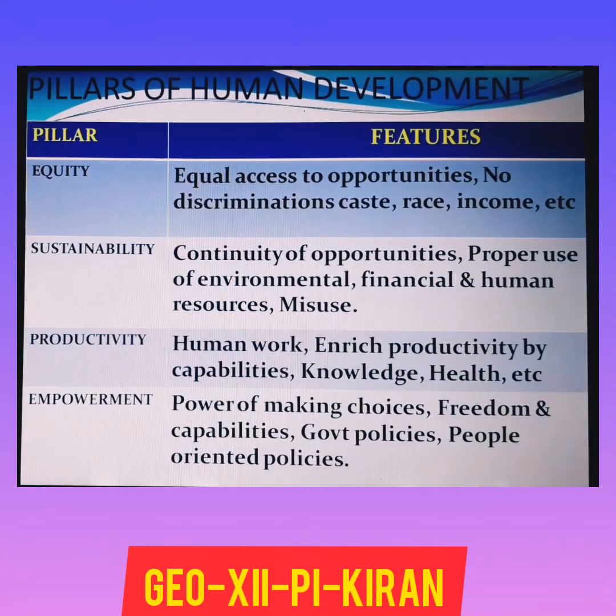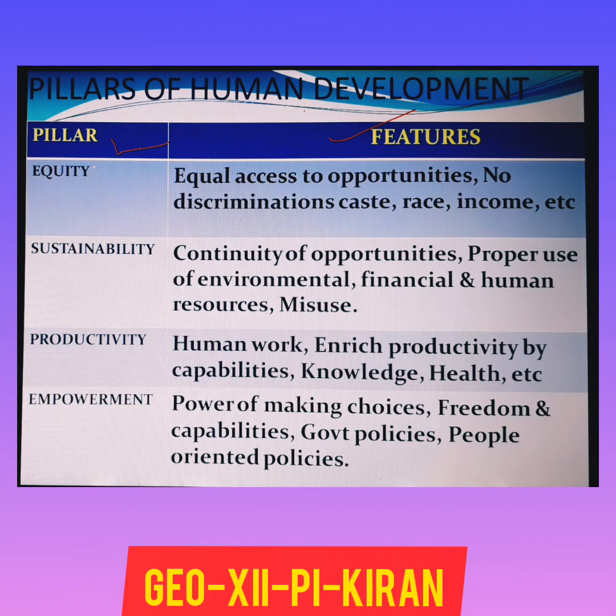To understand the pillars of human development, we have here a table. The first column is the different pillars, and in the second column, we see the important features of that particular pillar. The pillars are very important, and countries have to use different pillars to have the highest human development in their nations.